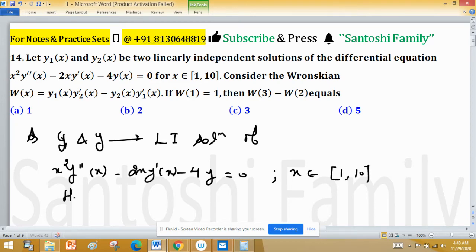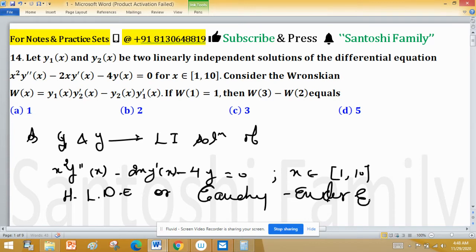This is a homogeneous linear differential equation, or Cauchy-Euler equation of order 2.